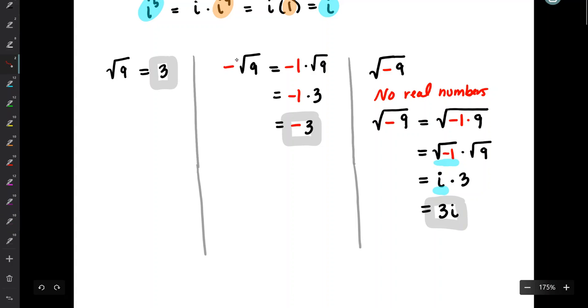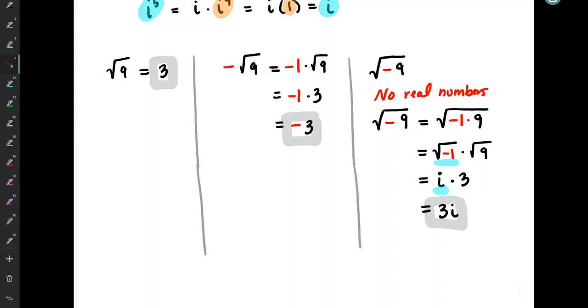So if there is a minus sign in the front, that's just a negative 1 times that radical. If there's a minus sign underneath the square root, you're going to end up with an i, right? So look at these answers. 3 times a minus 1, and a 3i.